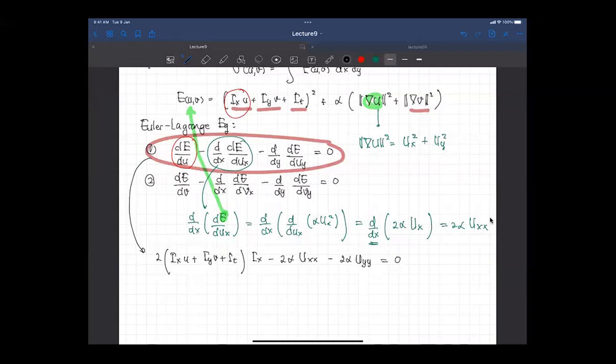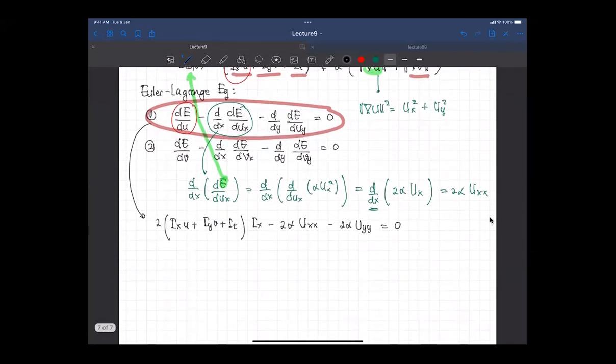Okay, and if you simplify this, then we have 2 multiplied by (Ix u plus Iy v plus It) Ix minus 2 alpha delta u. Well, delta u equals d squared/dx squared u plus d squared/dy squared u.